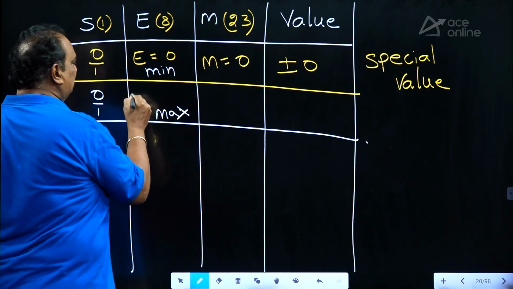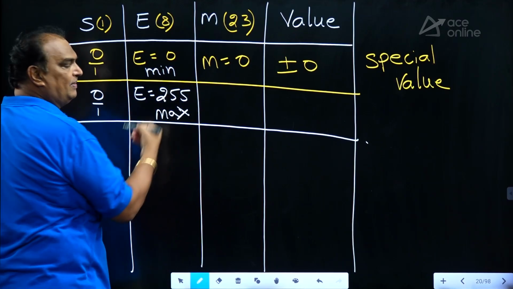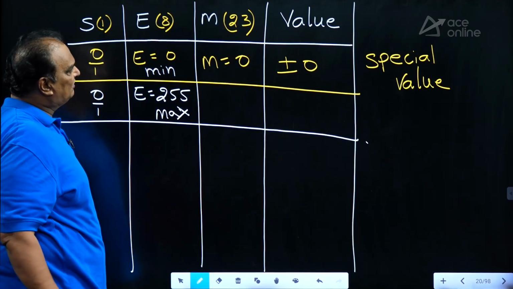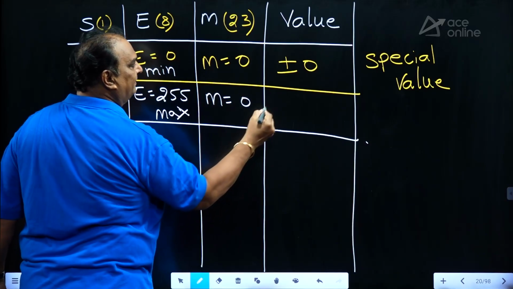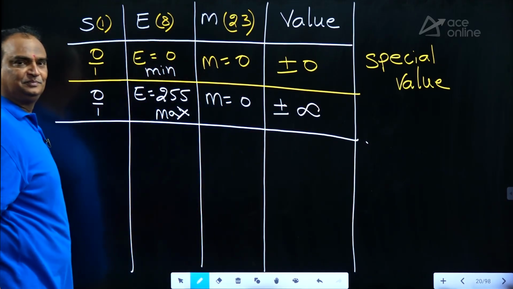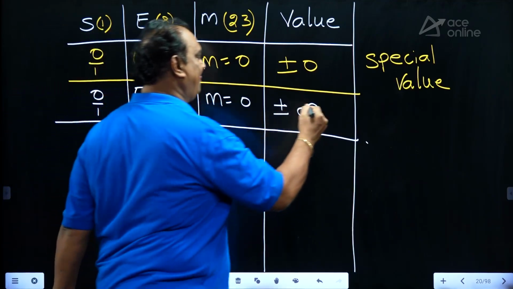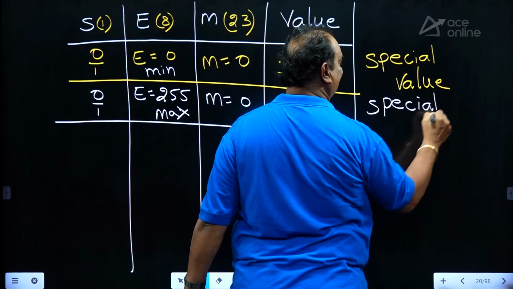Now, the E value equal to 255 means 8 ones; 255 decimal means all 8 bits are ones. M is equal to 0, same. That means plus or minus infinity. It is also a special value.